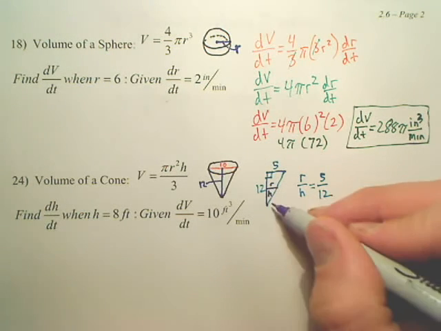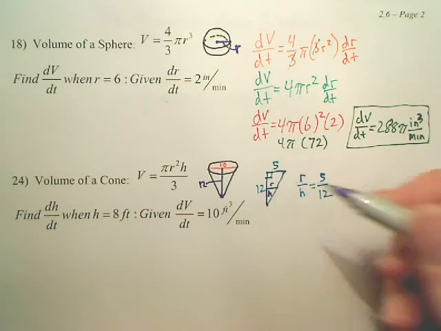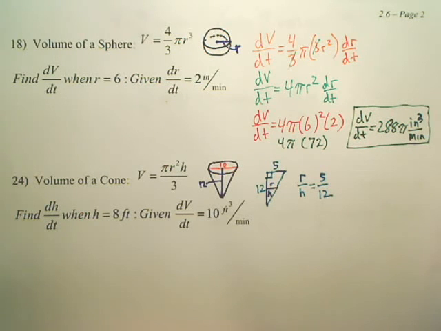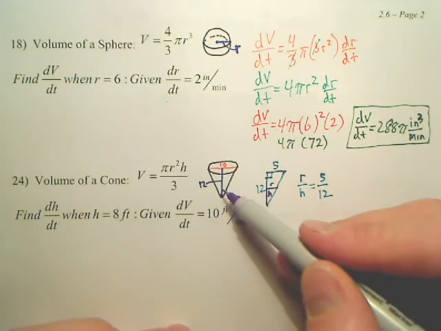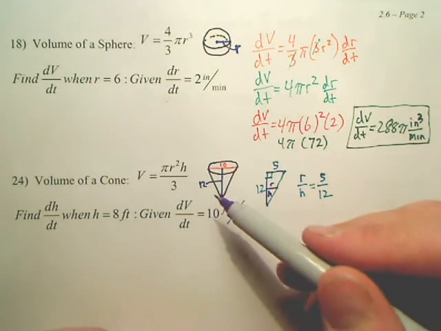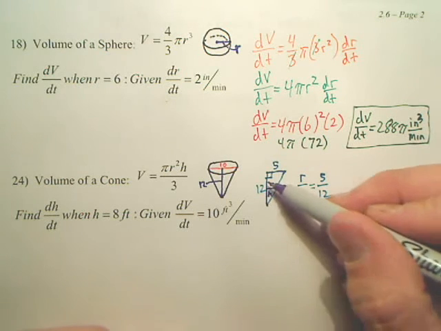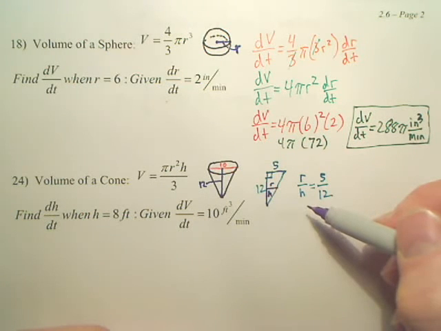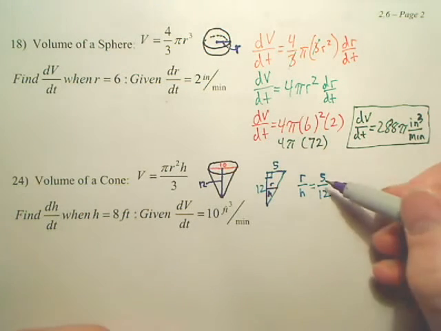It's in proportion on a right triangle, no matter what, because this tank does not change shape. The tank is always the same shape. You're filling it up. So this right triangle will always have a proportion of radius to height, and in this situation, it's 5 to 12.